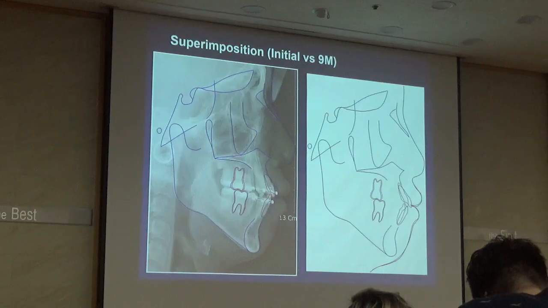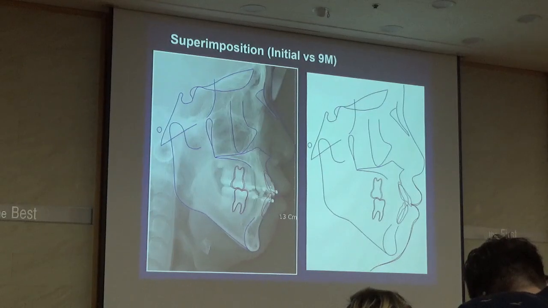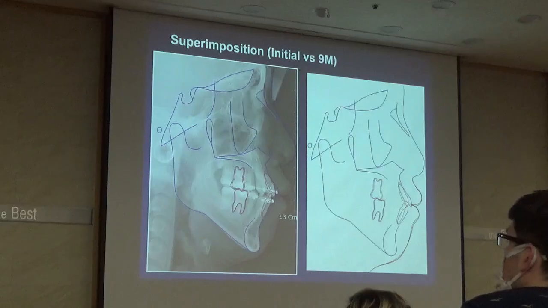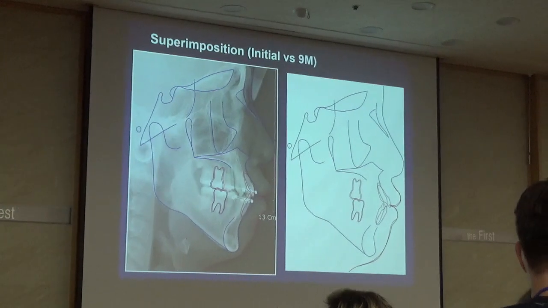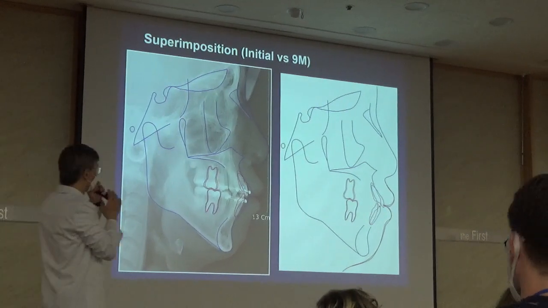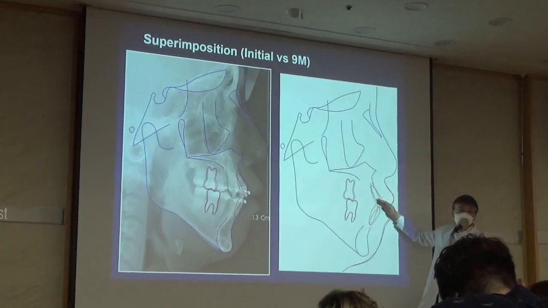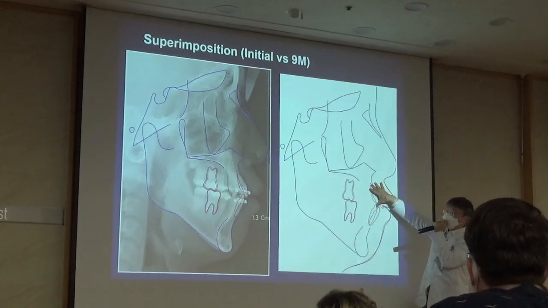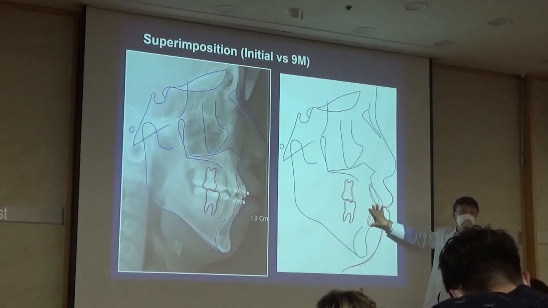Do you think it's intrusion? Intrusion of either upper or lower incisor. Do you get it or not? Severe protrusion was supposed to be tipped to the lingual side, right?